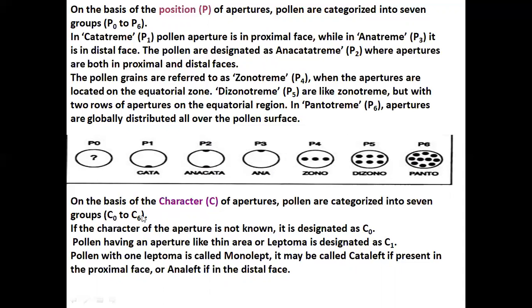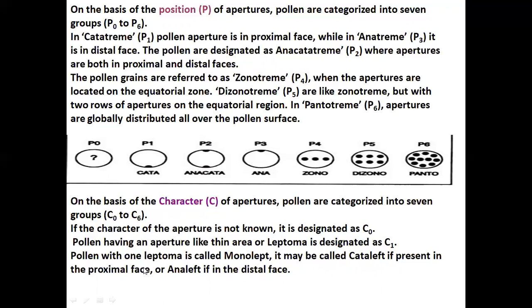So next one is, on the basis of the character of apertures, pollen are categorized into 7 groups, similar to position. Character of aperture also classifies the pollens into 7 groups, C0 to C6. If the character of the aperture is not known, it is designated as C0. If pollen has an aperture like a thin area, that is called leptoma, designated as C1.